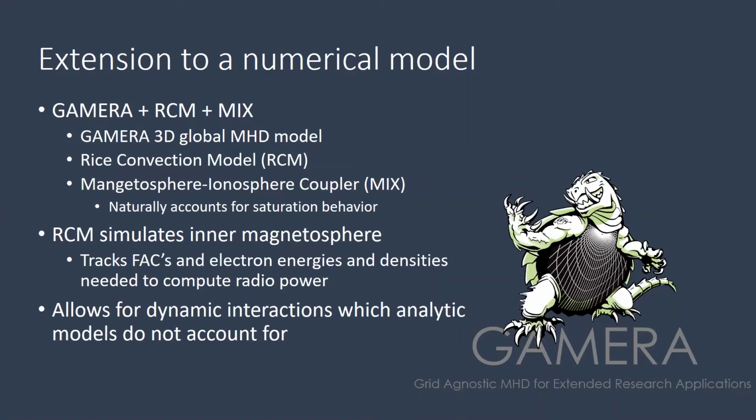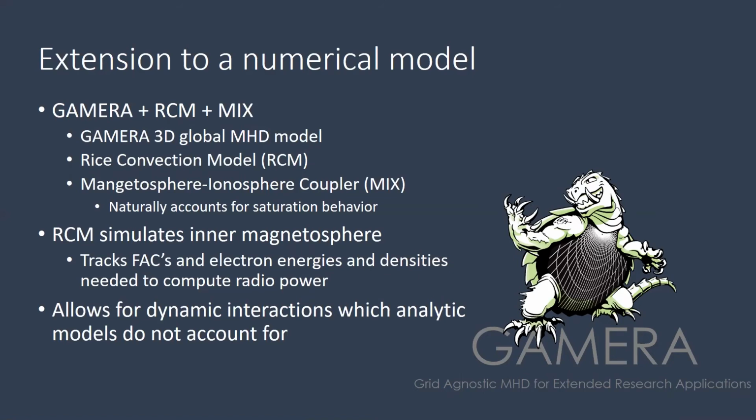Gamera is a new model, so I need to advertise it a little bit. Gamera handles the solar wind coupling to the magnetosphere, and then that couples to your ionosphere. This naturally accounts for the saturation behavior just due to the way you're solving the equations.